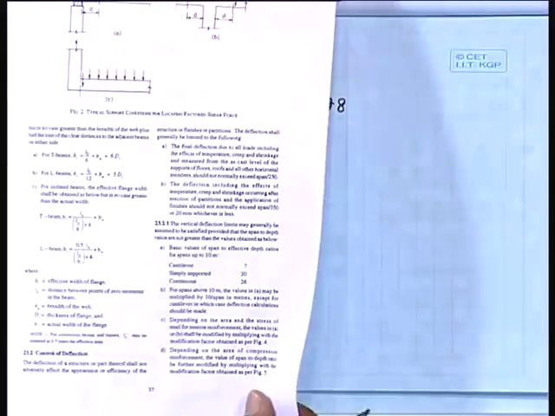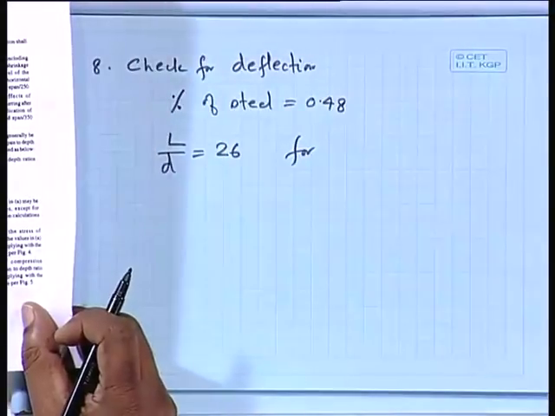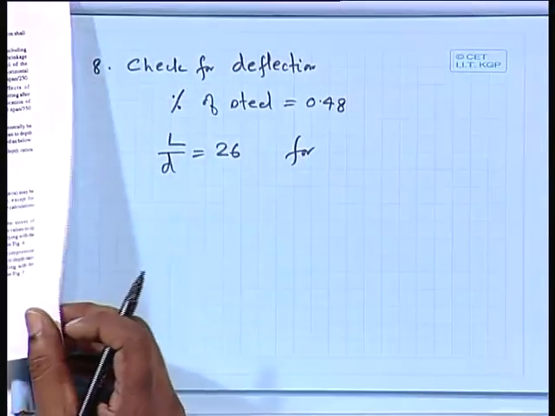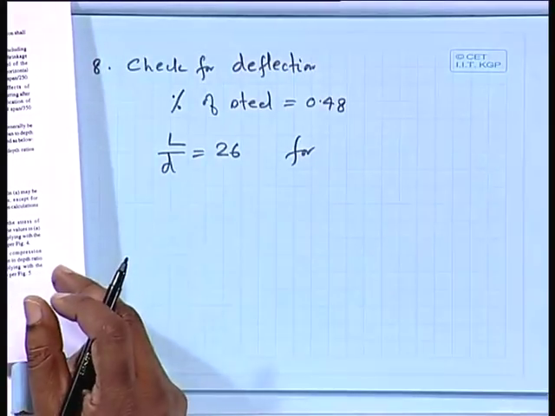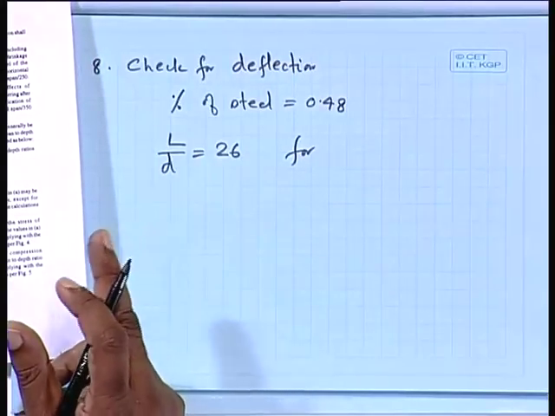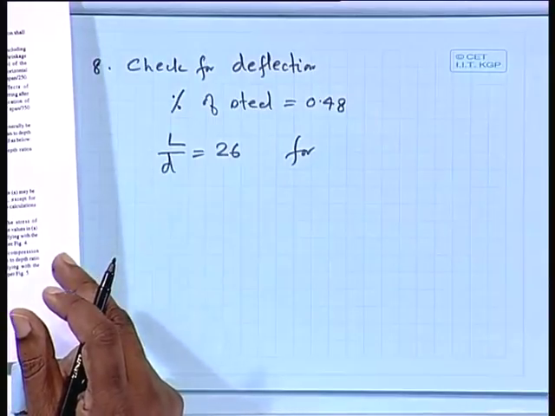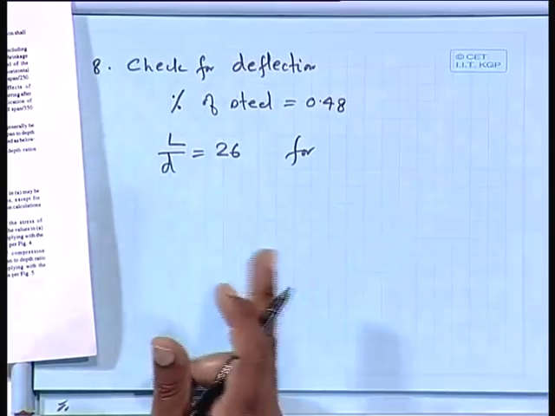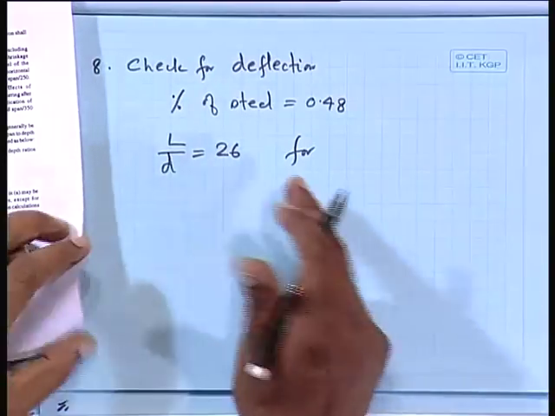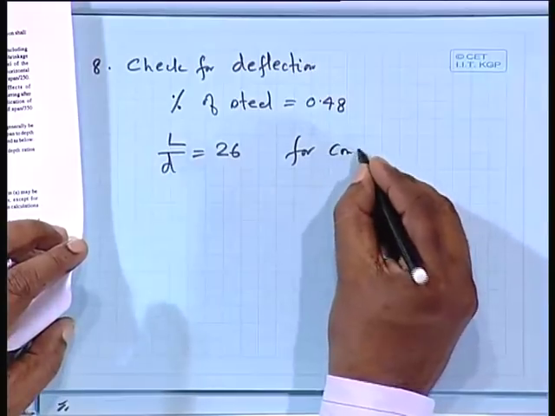That one you will get in clause 23.2.1, where it is given that basic values of span to effective depth ratios for spans up to 10 meter: cantilever 7, simply supported 20 and continuous 26. We are taking continuous here, we have not taken WL square by 8. So, L by D as 26 for continuous.